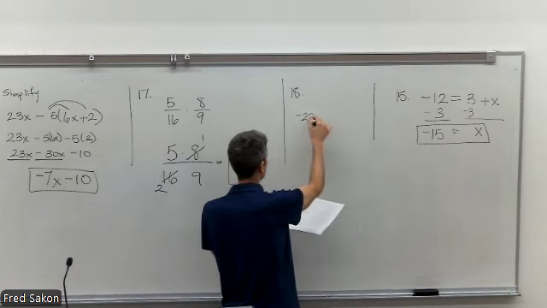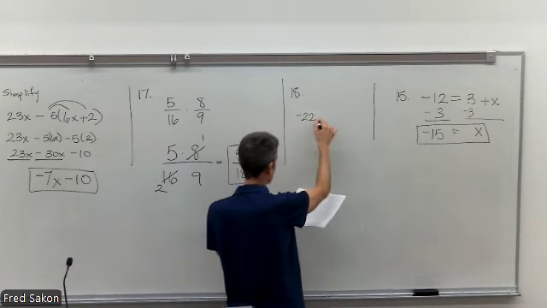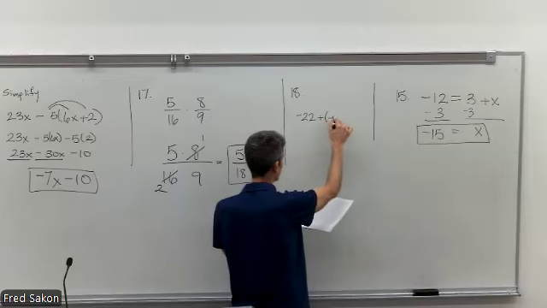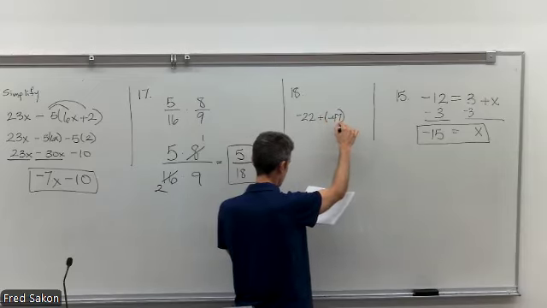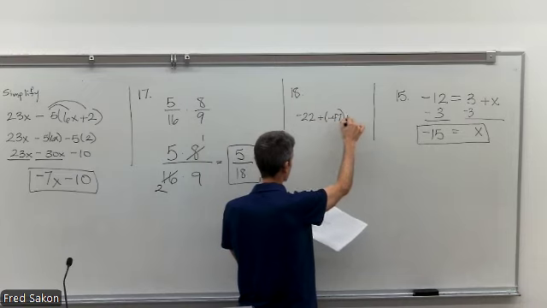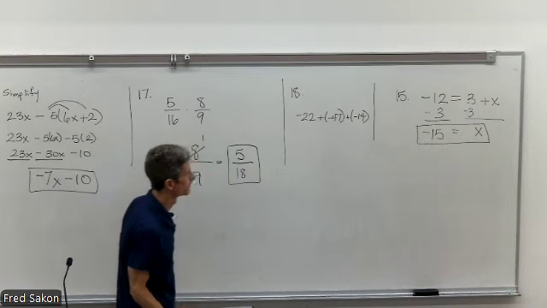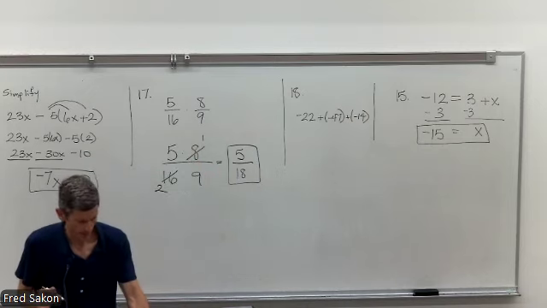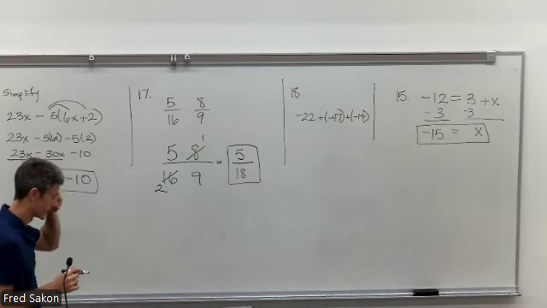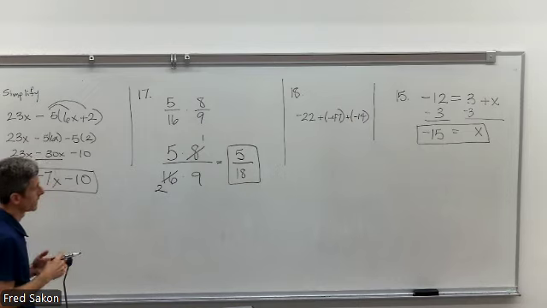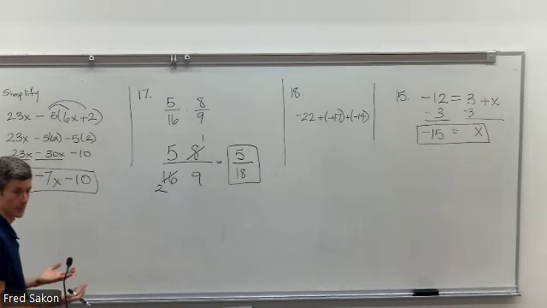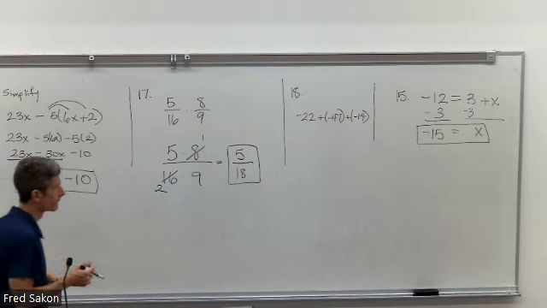Negative 22 plus negative 47 plus negative 14. What should I do if I have that string of addition? Negative plus negative plus negative, that's just going to be adding all those three numbers together, and it's going to be negative, right?